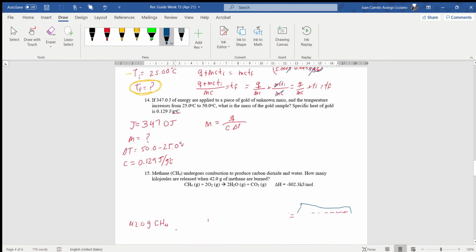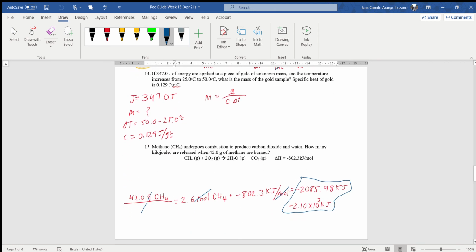Moving forward, 14, if 347.0 joules of energy are applied to a piece of gold of an unknown mass, take a look at this, and the temperature increases from 25 to 50, what is the mass of the gold sample? And they are telling you here the specific heat of the gold.